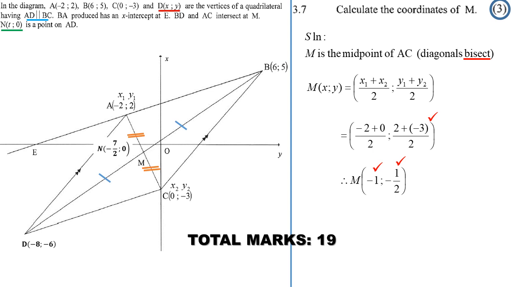The total marks for this question alone is 19 marks. So just imagine if you were writing a test out of 100 and you get 19 marks. It means you are left with 11 marks to get level 2 in mathematics. If it was out of 50, it means you are left with 1 mark to get a level 3.